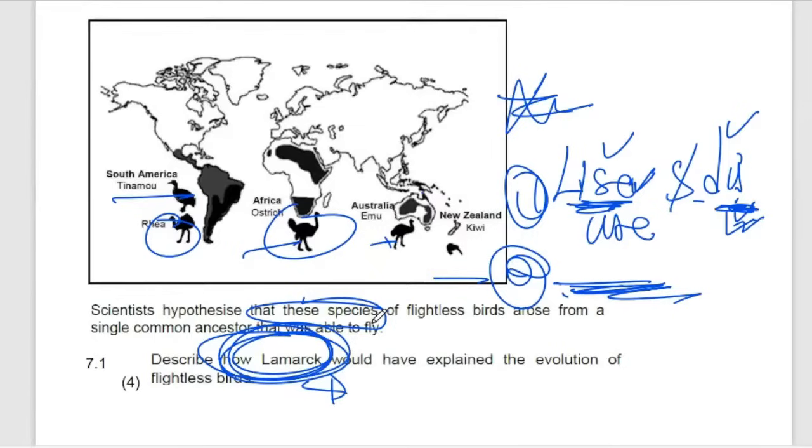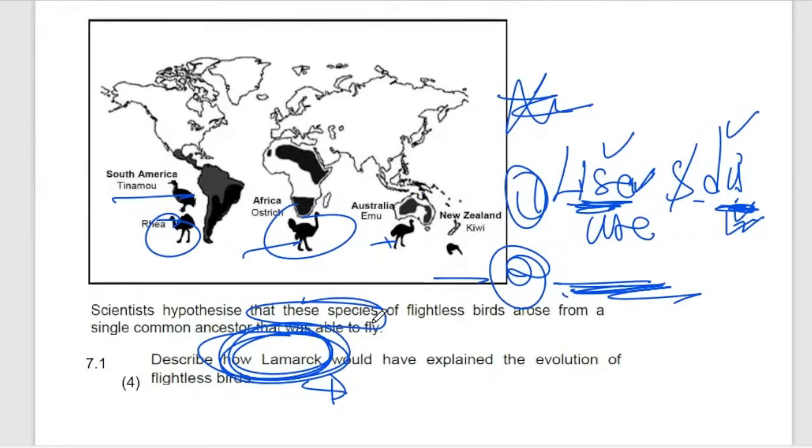Don't just say that there's not enough evidence to support the theory. Which evidence? It's too broad. So we won't give you a tick. But when we are writing it in the book, we say that organisms don't evolve because they want to. Yes, but now which organisms? In this case, we are talking about the flightless birds. They might be talking about maybe the elephants I talked about.